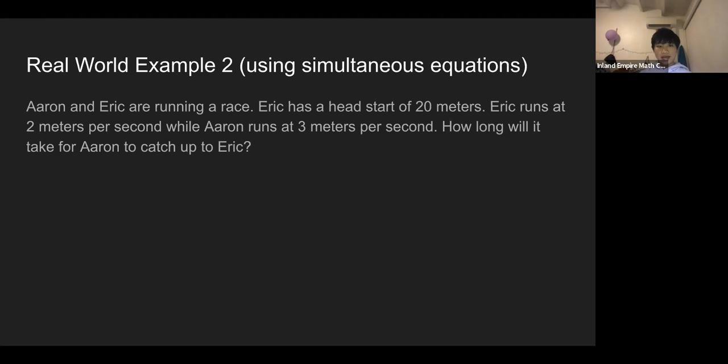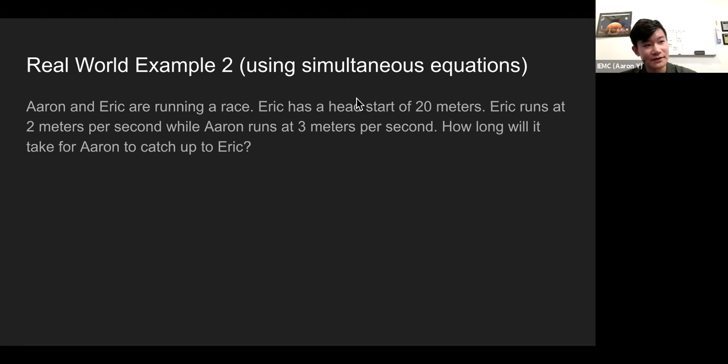So that means he starts at y equals 20. If we have this situation, what equation can we use to represent Aaron, since he runs at 3 meters per second? Every second, he runs 3 meters. Again, what we're trying to do is find what m and b are in the equation y equals mx plus b.